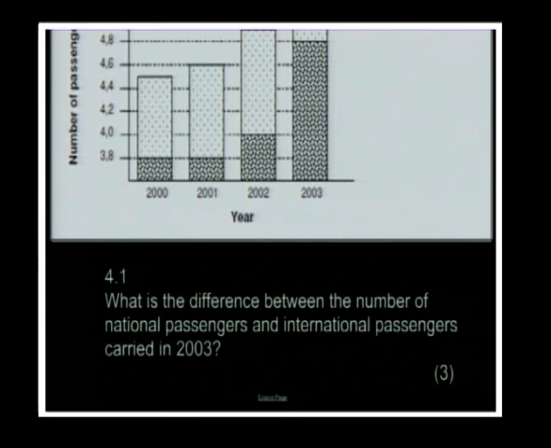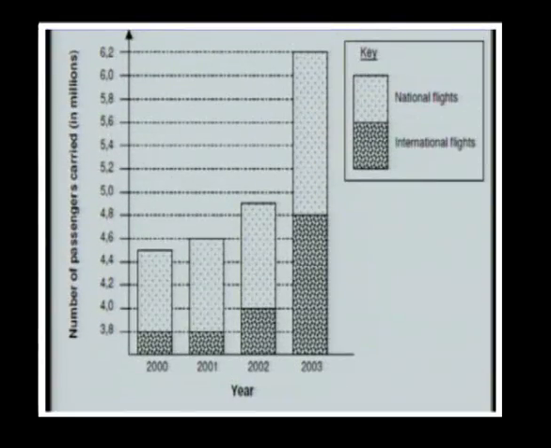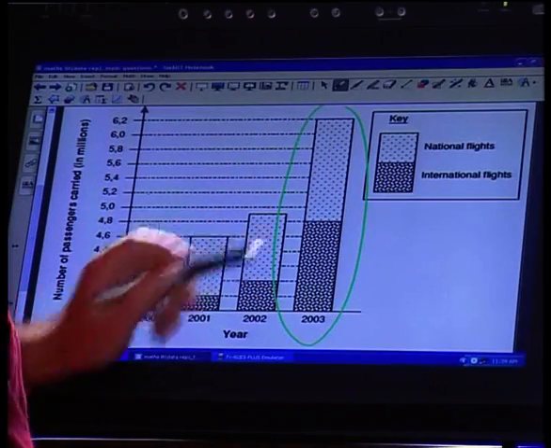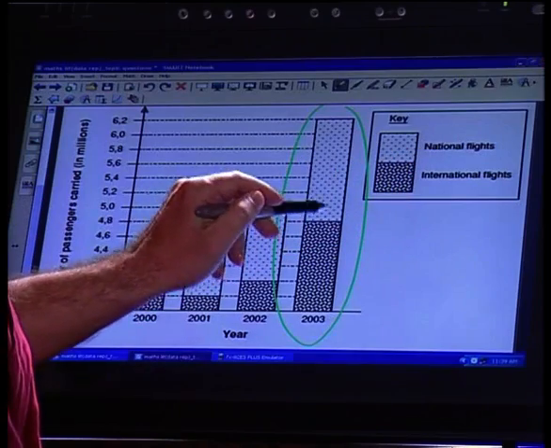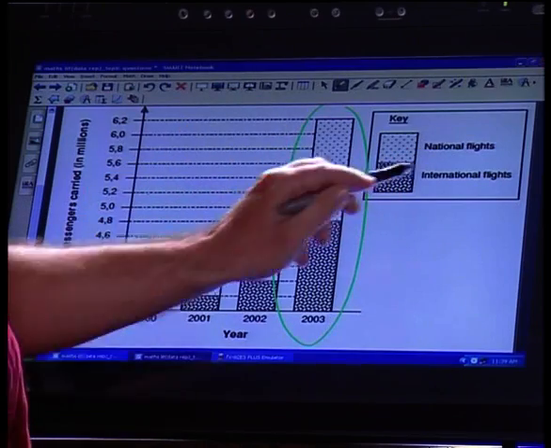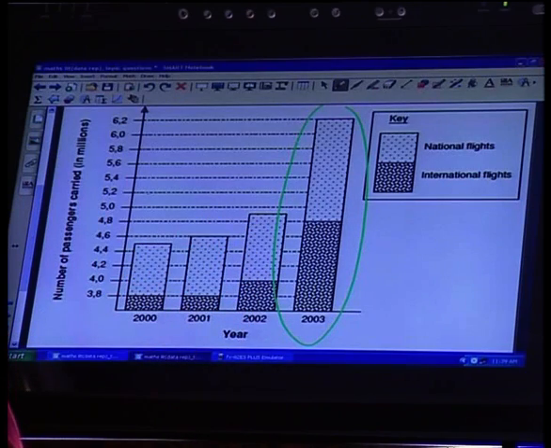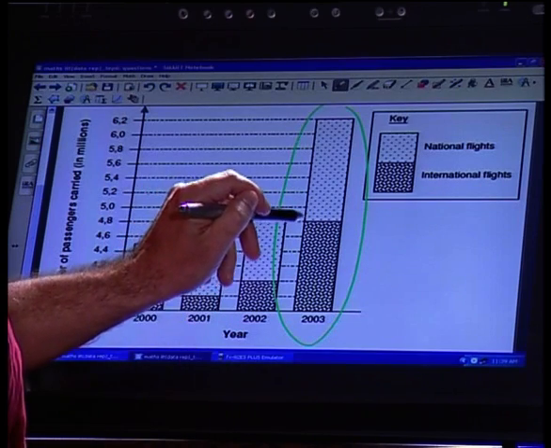4.1 says, what is the difference between the number of national passengers and international passengers carried in 2003? So we are interested in this here over here. There's 2003. We can see from our key that the national flights are these ones, and the international flights are the closest spaced dots. So how many international passengers were there?